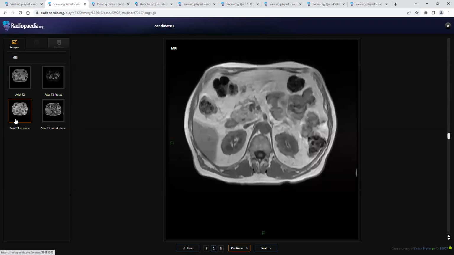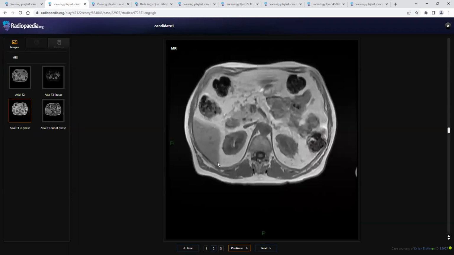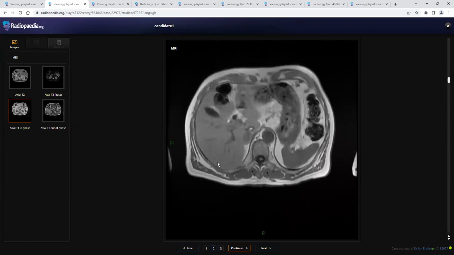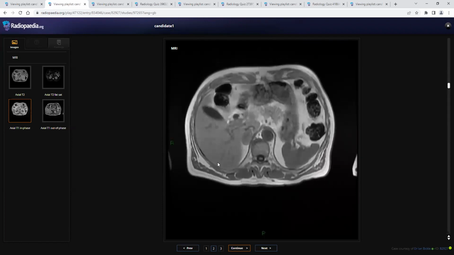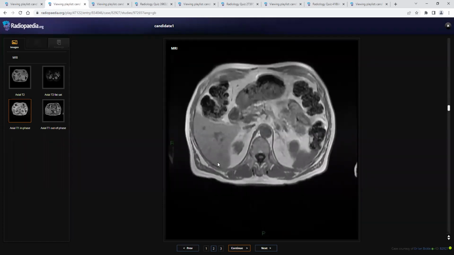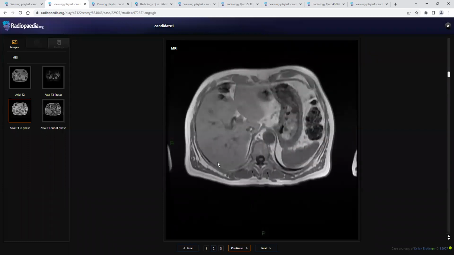When we go to T1, it is presenting hypointense signals in comparison with adjacent liver.